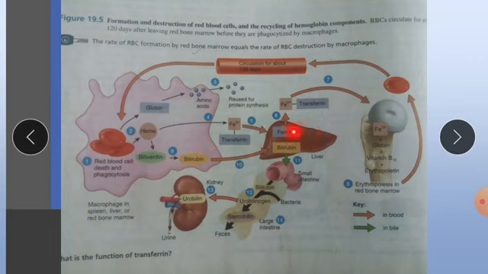Ferritin is the storage form of iron, and this iron will be stored in our liver.